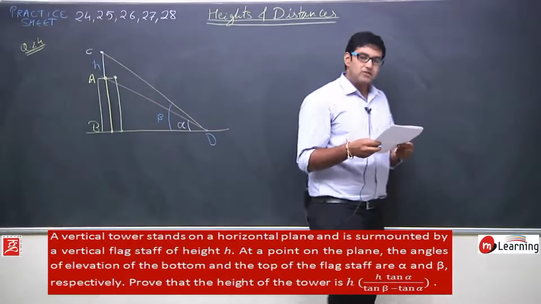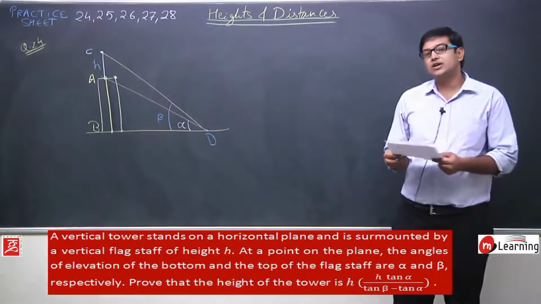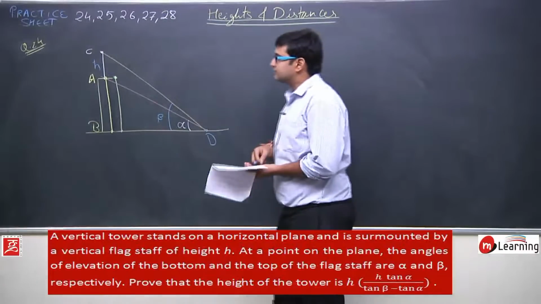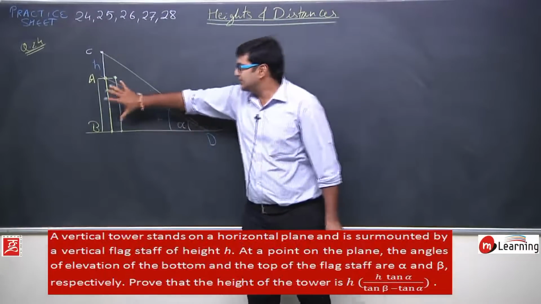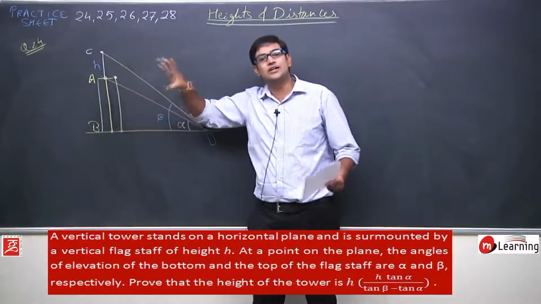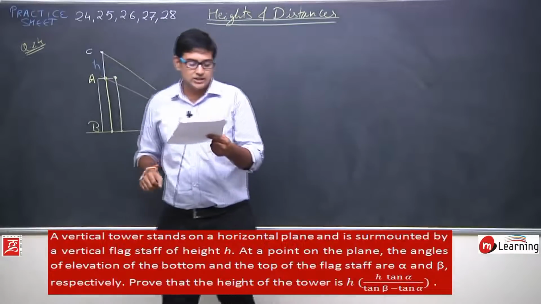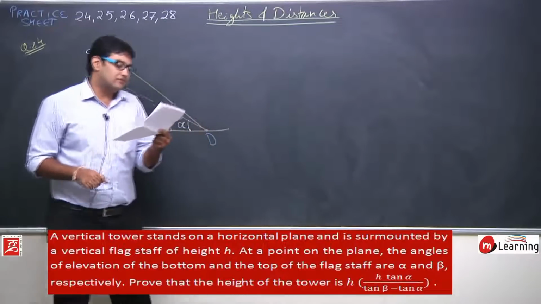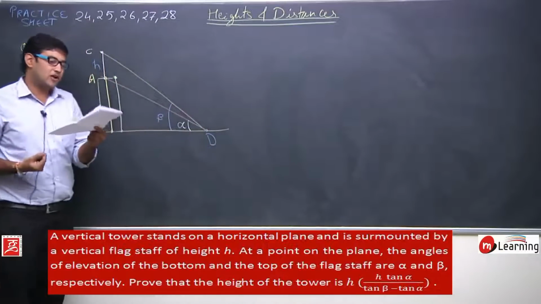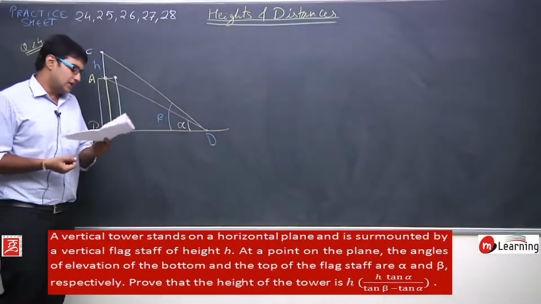And further, we need to prove the height of the tower. What is the height of the tower? In the diagram, I can see AB represents the height of the tower. So it says, prove that the height of the tower is h times tan alpha upon tan beta minus tan alpha.